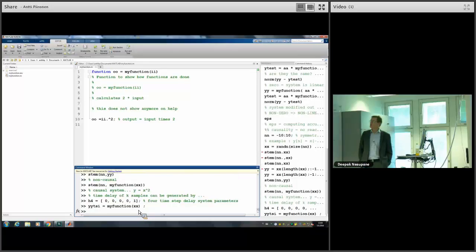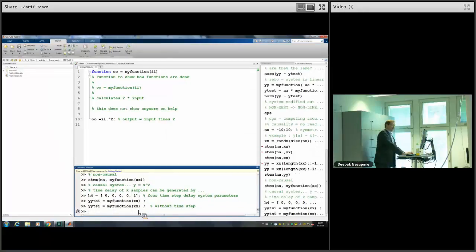So that's the original, and then TSI2 is my function with delayed input, which is filter H1 xx.